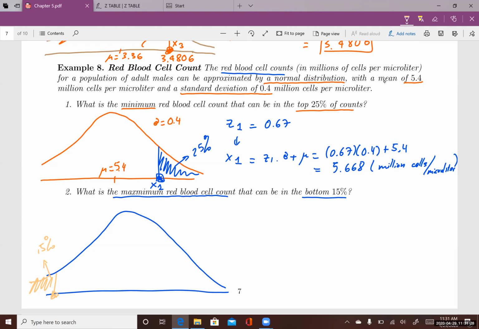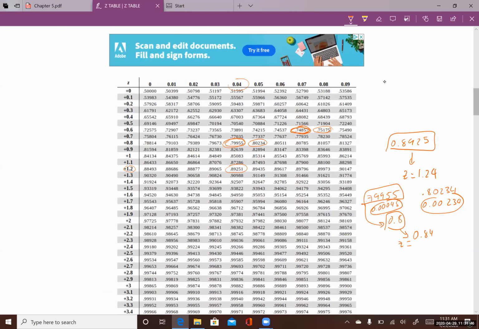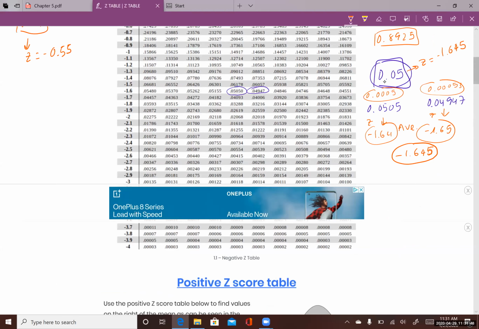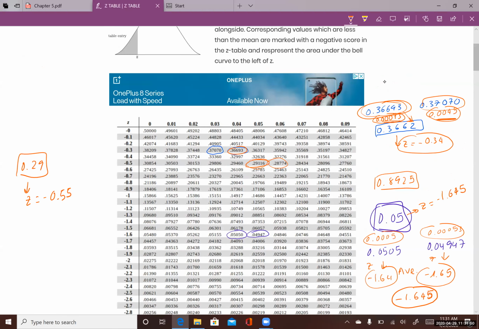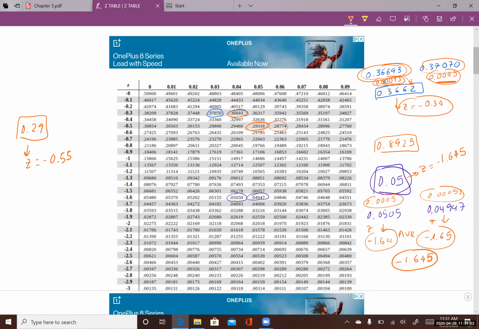In order to find the maximum in the bottom, you need to find Z that corresponds to 15%. Z2 equals what? 15%, which is on the left side, 0.15.